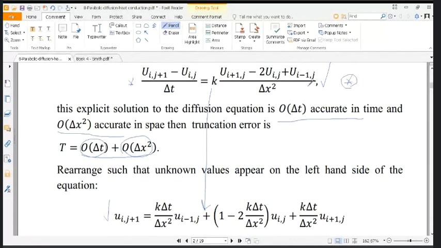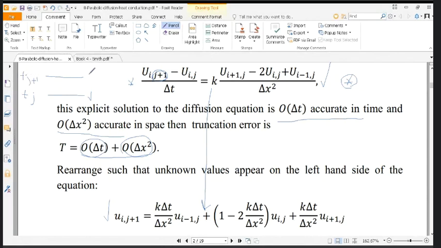In this equation, the value with indexes i and j+1 is the unknown value, because when we are at t_j, the value of U at t_j is known, and the value of U at the next step, t_{j+1}, is unknown.